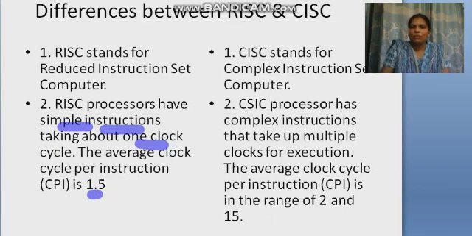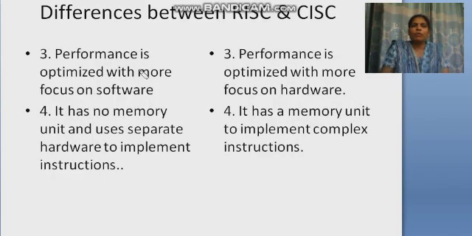But CISC consists of complex instructions, so it needs multiple clock cycles for execution. On average the CPI for CISC architecture ranges from 2 CPI to 15 CPI, meaning 2 to 15 clock cycles for its execution.